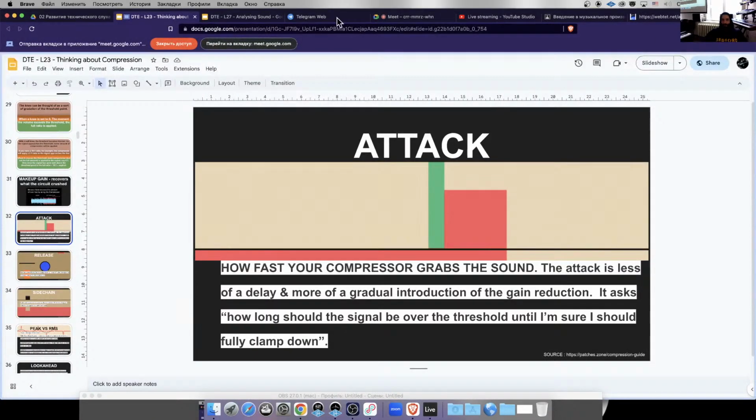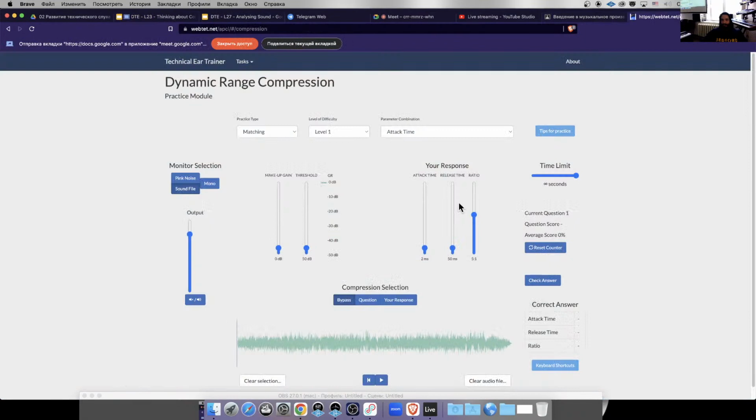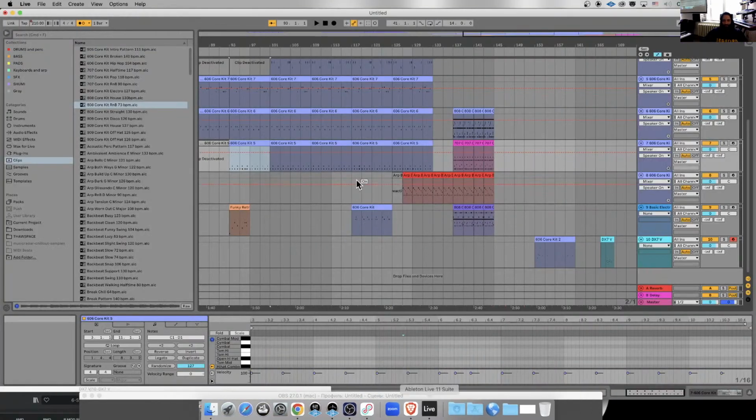No, the opposite, because this number is in milliseconds, so 100 milliseconds is more time than 2 milliseconds. I'm just kidding with the guys that are here physically, showing them how impressive my mind is that I could figure that out. 100 milliseconds is bigger than 2. So 100 milliseconds will be a slower attack time.